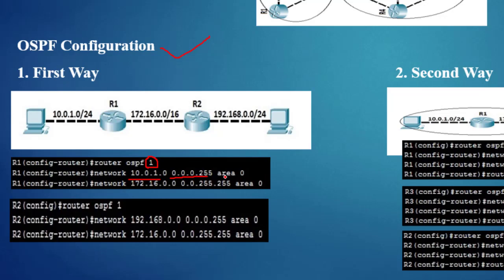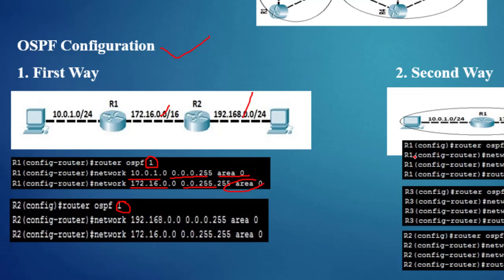And now the third command, you include the area, area 0. Router 2 has 2 networks. The second configuration advertises this network with its wildcard mask and the same area 0. Router 2 will advertise this network and this one. So the same concept, and they should run the same autonomous system number.